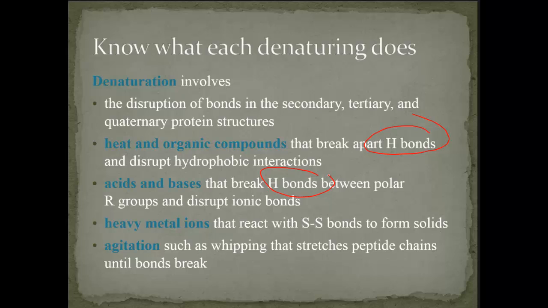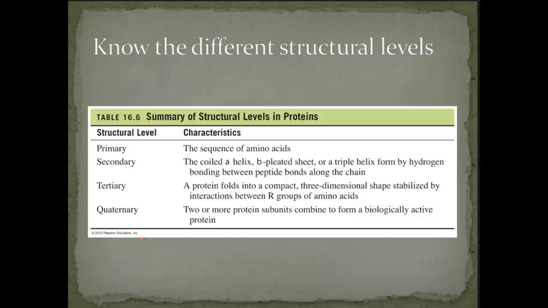If you add a heavy metal in there, it reacts with the sulfur-sulfur bonds, or the disulfide bonds, to form solids. And then if you agitate it, which means basically stirring it up, such as whipping, that stretches peptide bonds until they break.